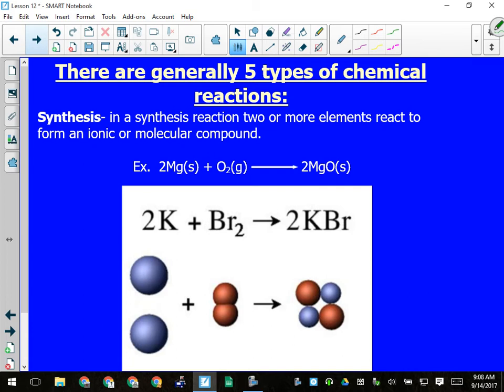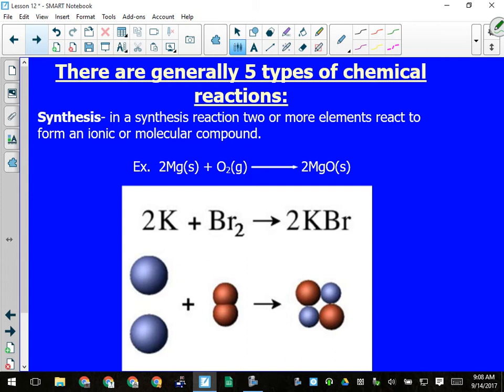Yeah, it is, right? There's 2 magnesium atoms, and on this side, there are 2 magnesium atoms. On this side, there are 2 oxygen atoms, and how many are there here? 2. This 2 applies to the whole thing. It's like it's in brackets, but it's saying that there are 2 magnesium oxide molecules, right? That means there's 2 magnesium atoms and 2 oxygen atoms.